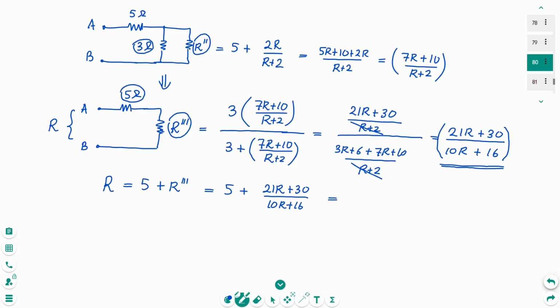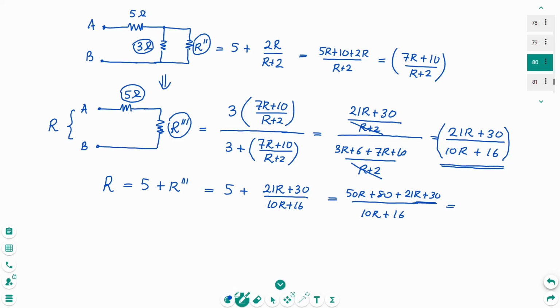So let's get a common denominator. 10R plus 16 in the numerator, I will have 50R plus I'm going to have 80, and then the other terms would be 21R plus 30. So we can further simplify the numerator.